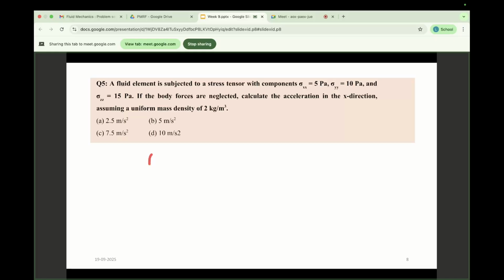This equation states that density times acceleration should be equal to the divergence of the stress tensor. If in any question you need to find the acceleration and the stress tensor components are given, you have to apply this Cauchy momentum equation.